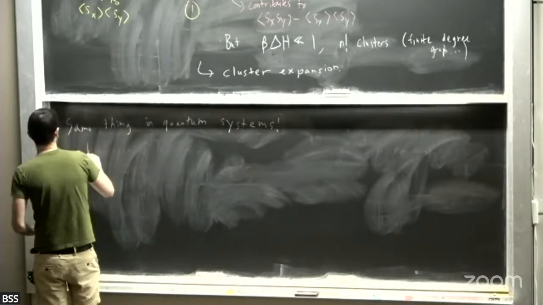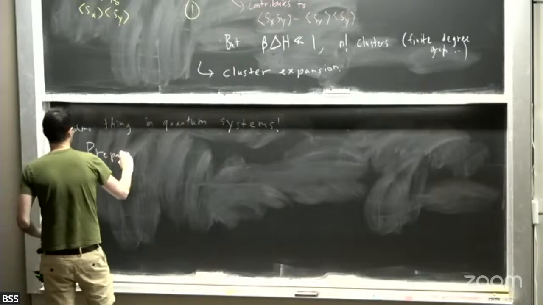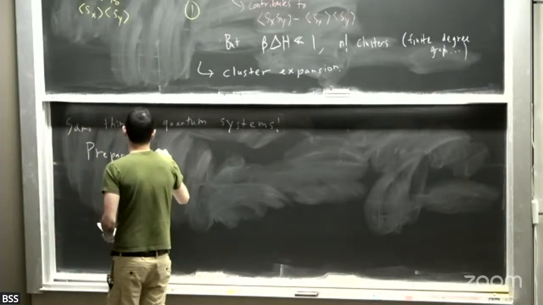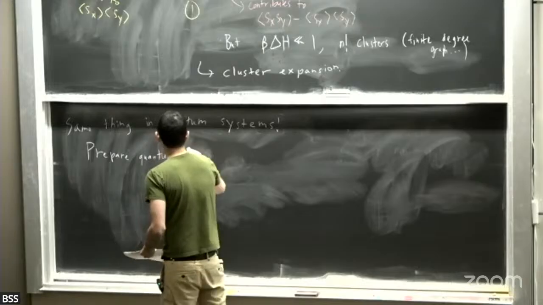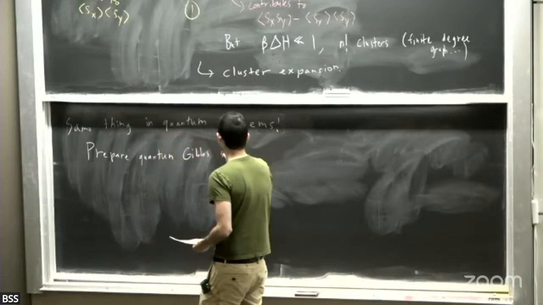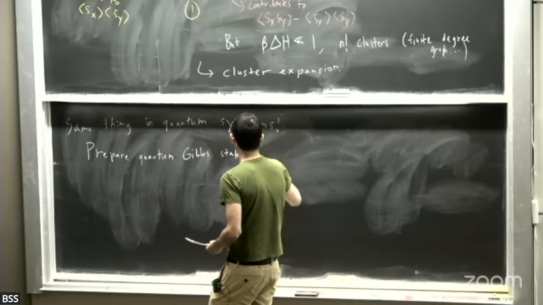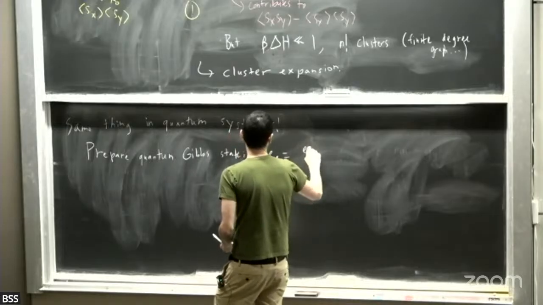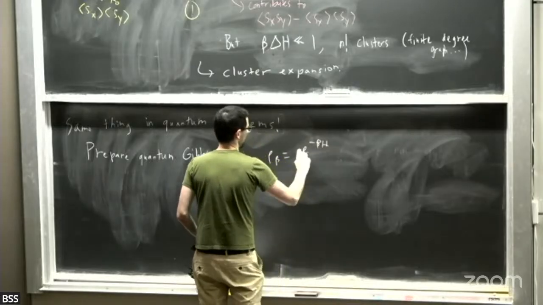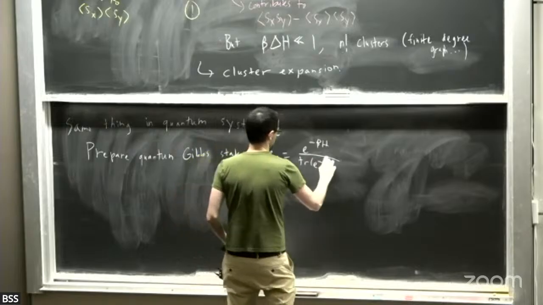Okay, so let's say I prepare what you might call the quantum Gibbs state. This is going to be the density matrix e to the minus beta H over the partition function.